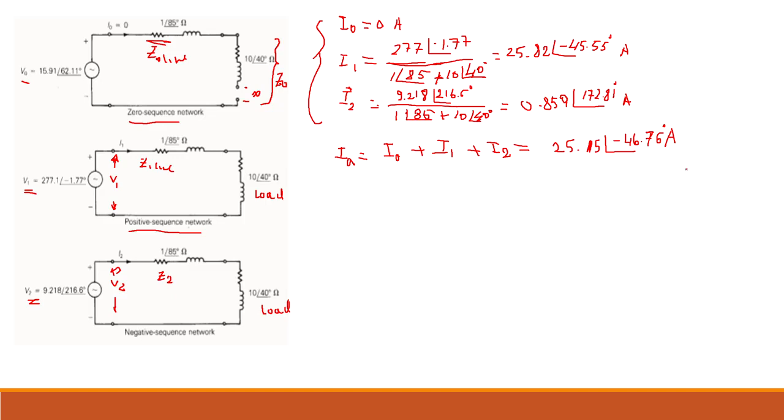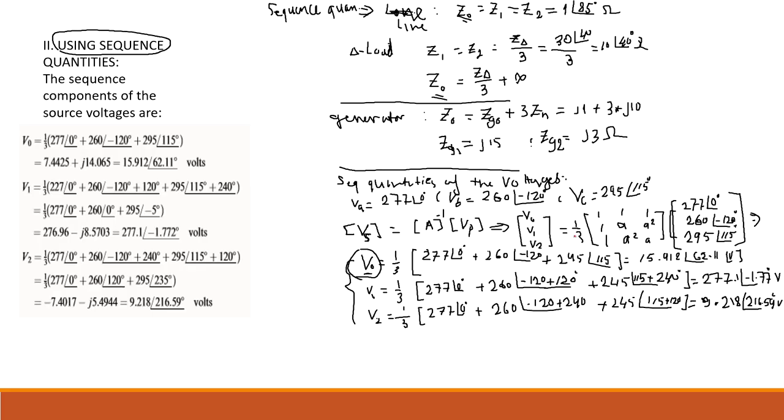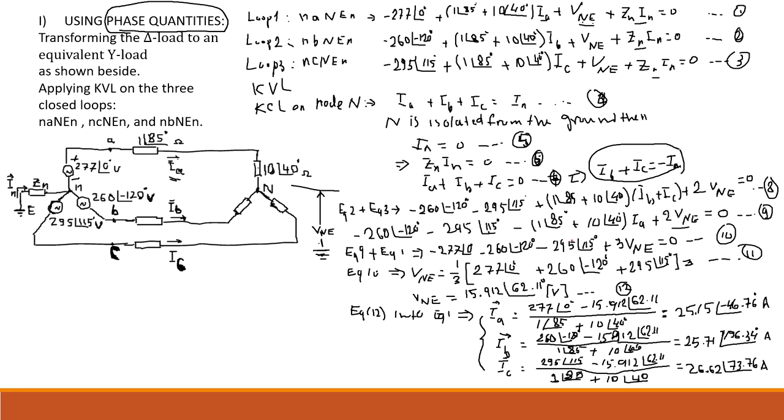It is exactly the same value that was obtained by using the phase quantities. This is the phase current of phase A using the phase quantities. Same value.